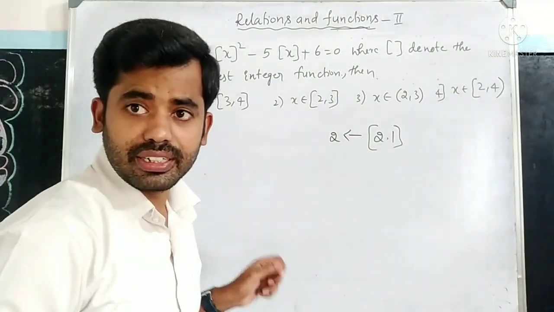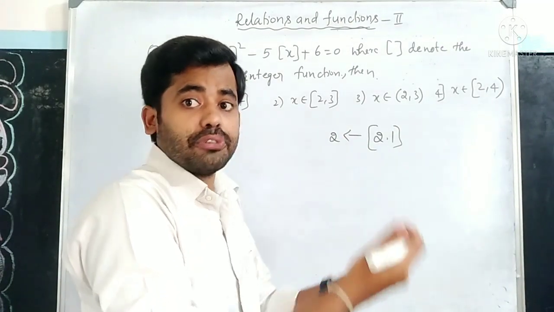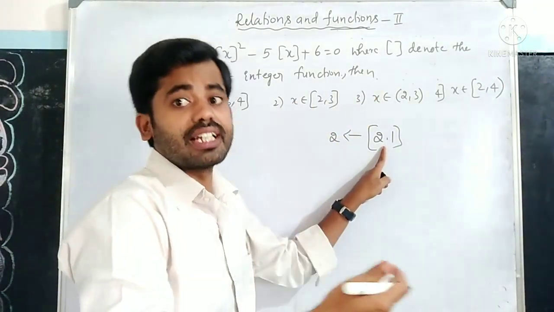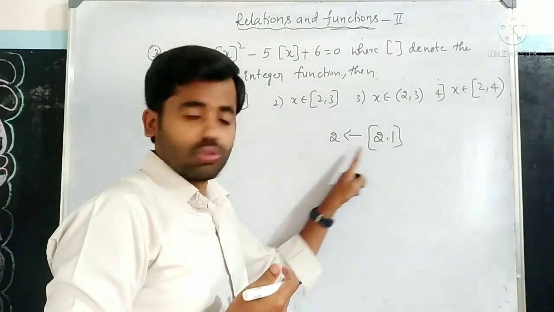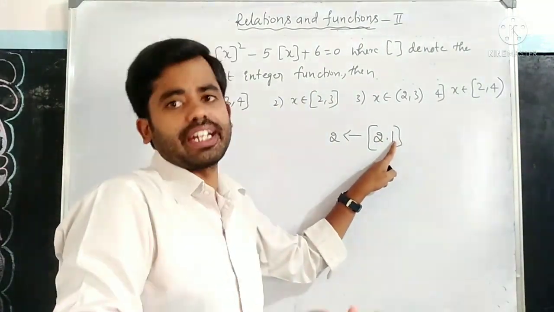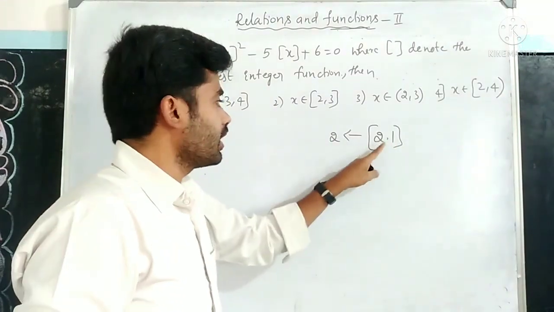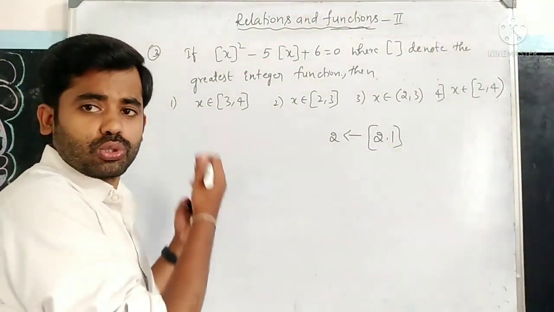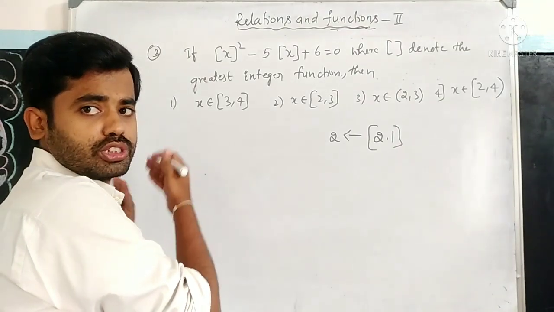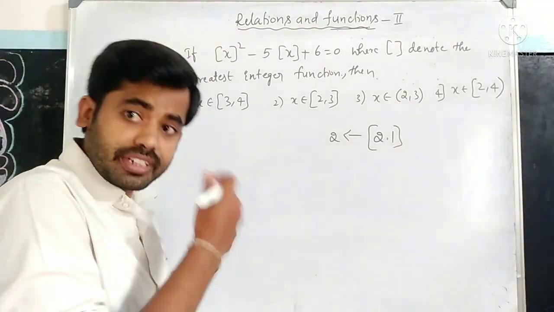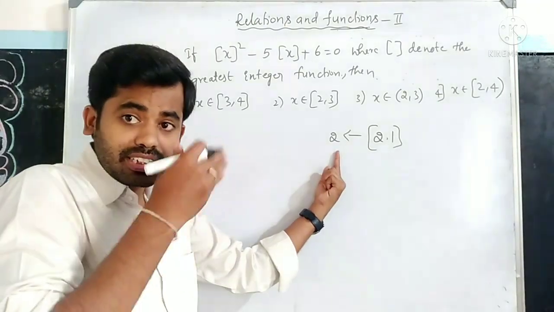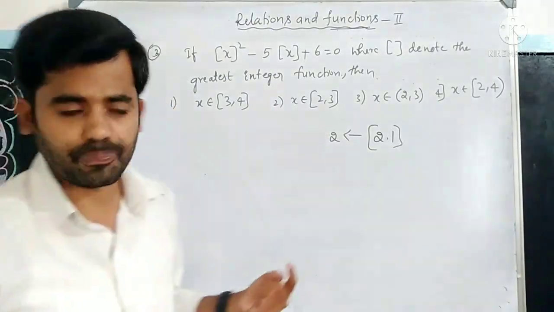It means the integer which is less than or equal to this one. The integers less than 2.1 are so many: 2, 1, 0, minus 1, like that. But the greatest of them is 2 only. That is nothing but the greatest integer function.